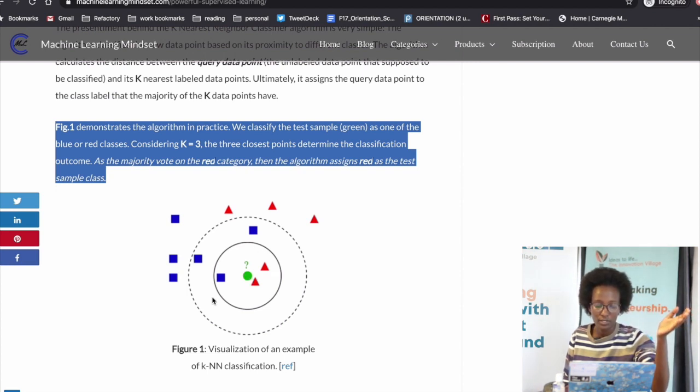The nearest neighbors are 1, 2, 3. But of the nearest neighbors, 2 of them are red triangles and 1 is a blue square. So it is highly likely that the new data point is a red triangle. So that is how k nearest neighbors operates.